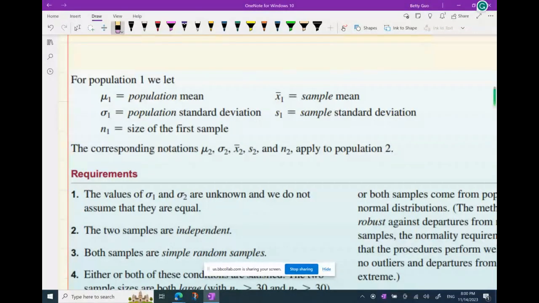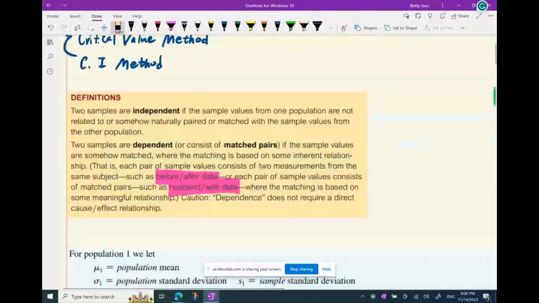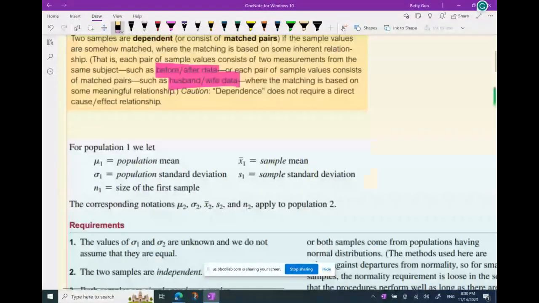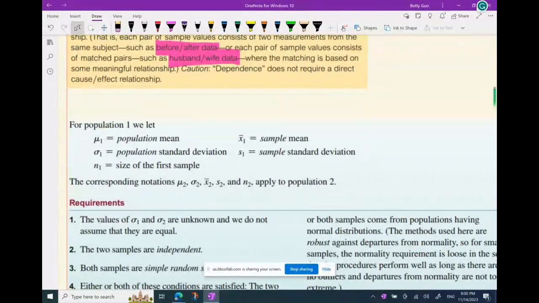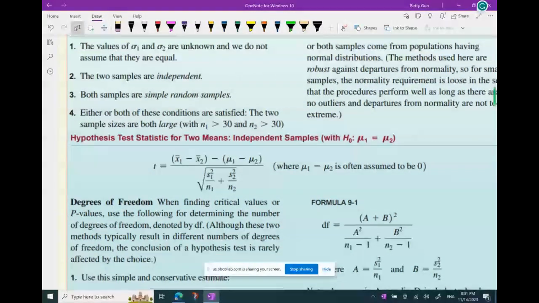And since we are testing means, what happened to the population standard deviation?